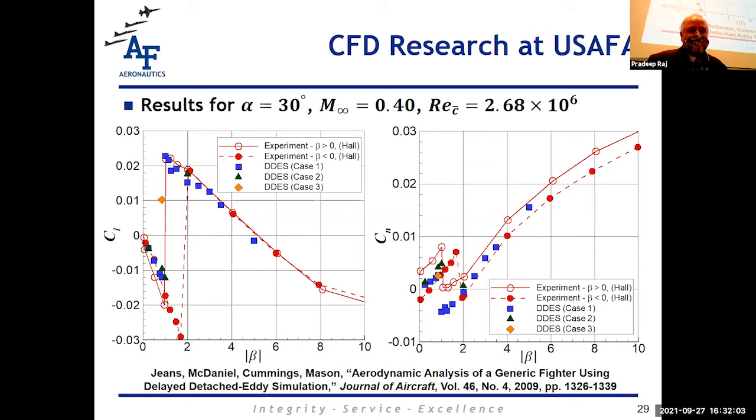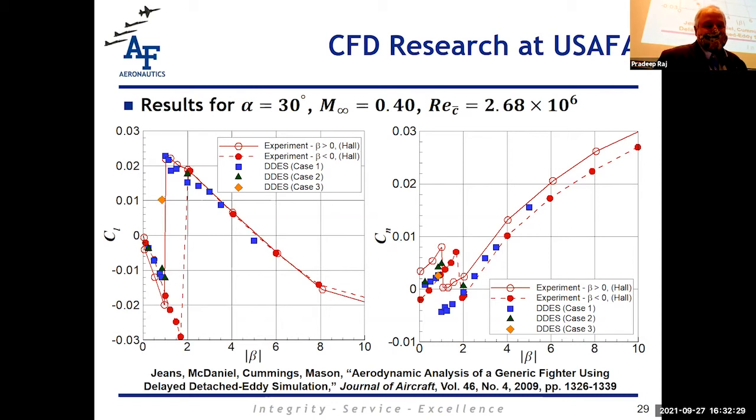Both, the roll moment changes sign from negative to positive as you go from 1 to 2 degrees. And the yaw moment value goes from quite a relatively high value to 0. And this is what people had not been able to predict with the current CFD codes at the time.